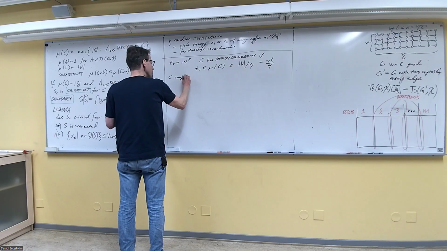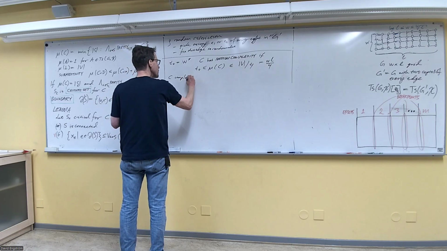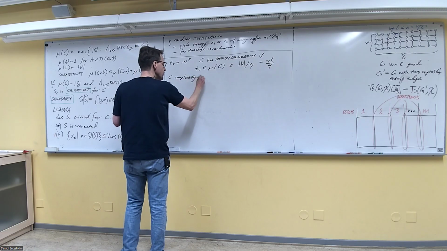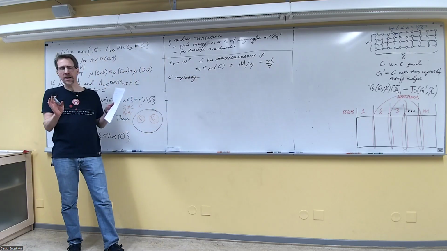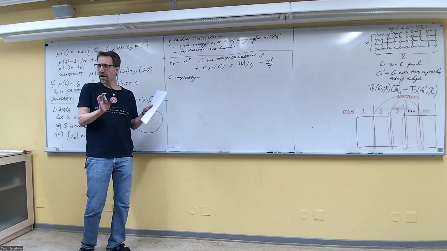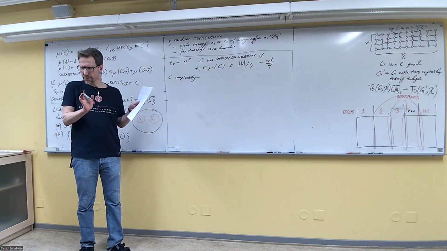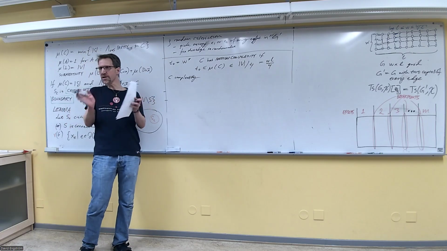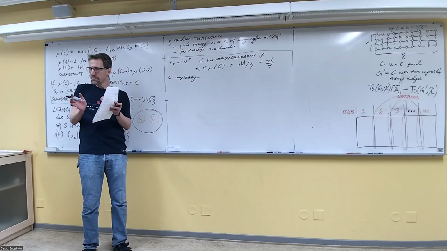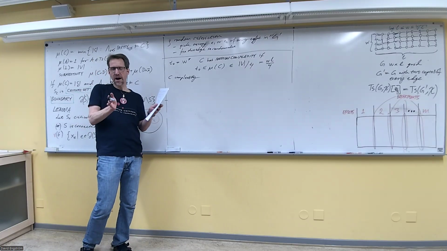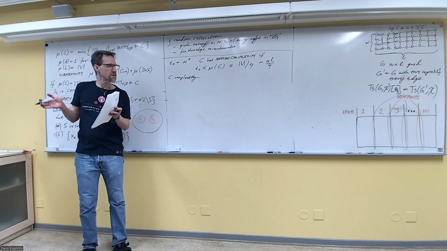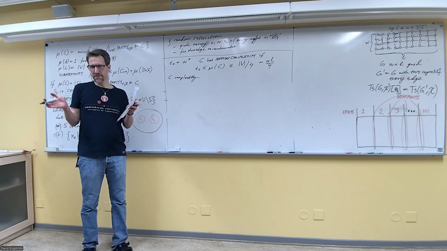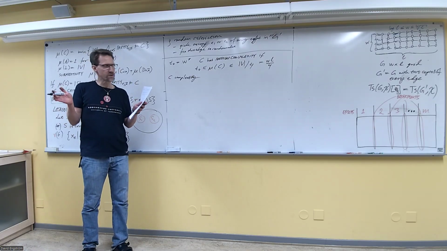Note that if you remember from before, I don't even remember exactly where we picked, I think between vertices over half and vertices over 4.